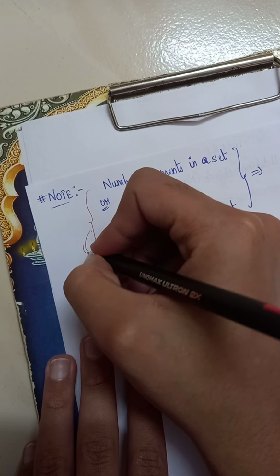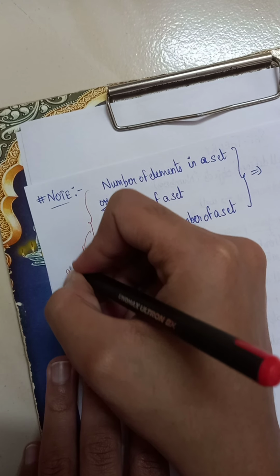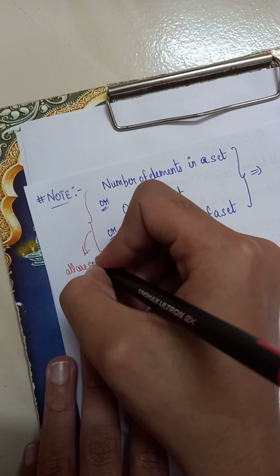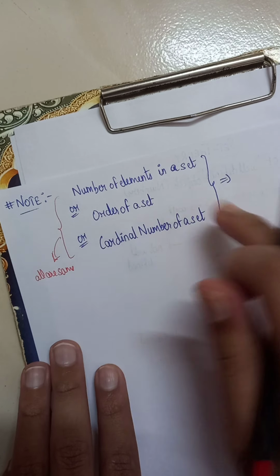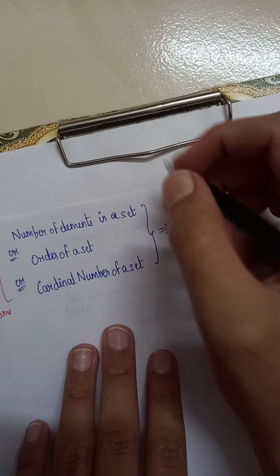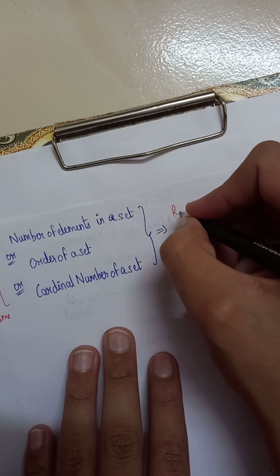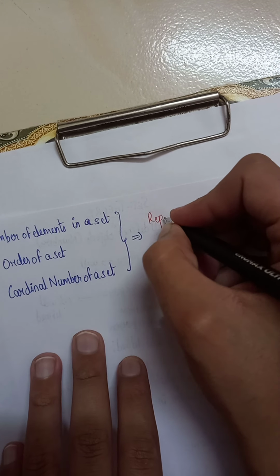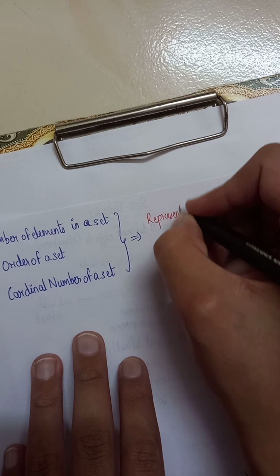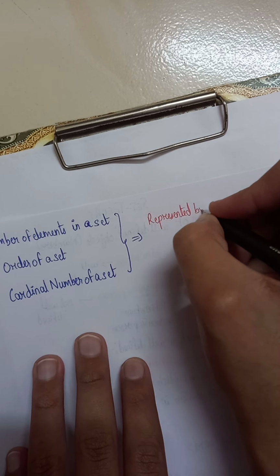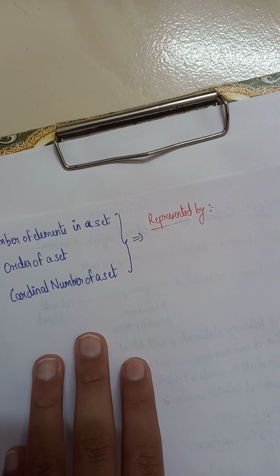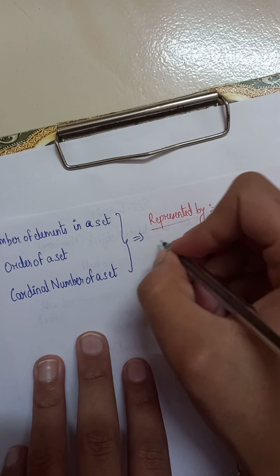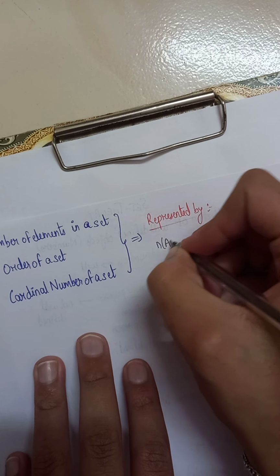The number of elements in a set is represented by n of A.